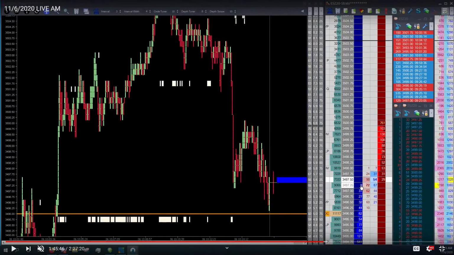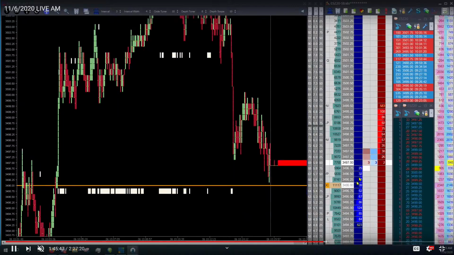I never marked it on here, so 97.50 is kind of holding the market down. So I hit it at 97 even, which is right above the VPOC of this little distribution curve.